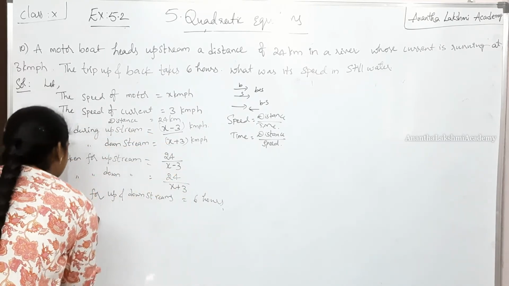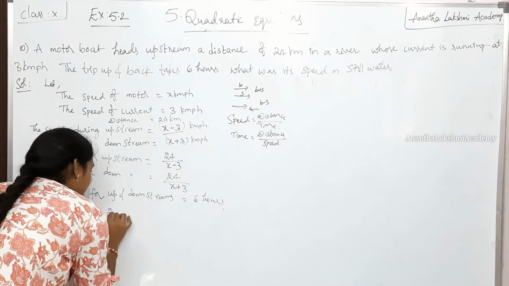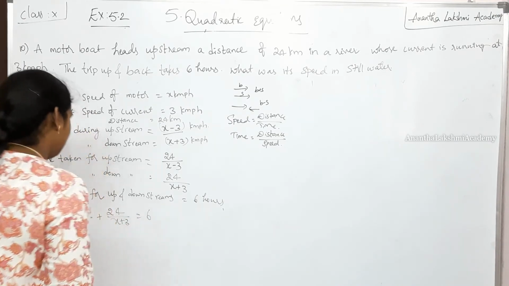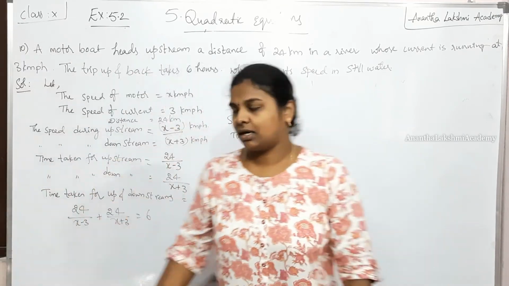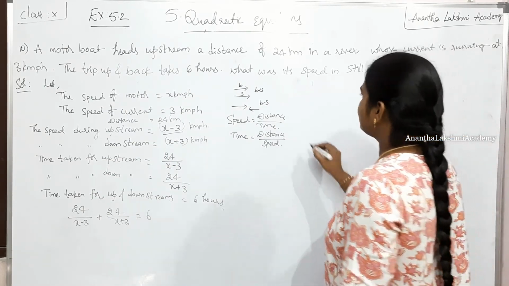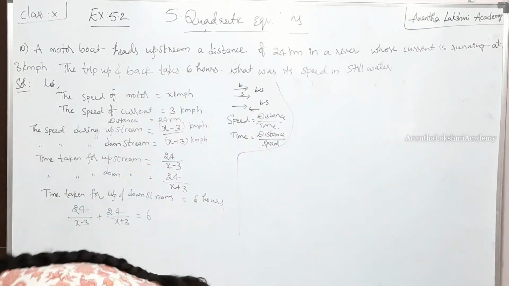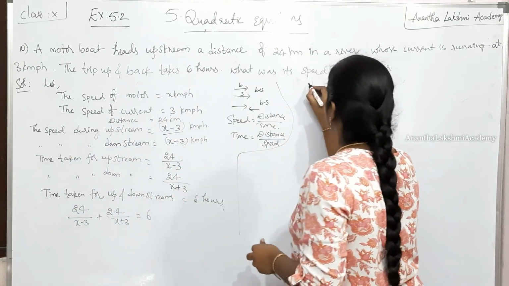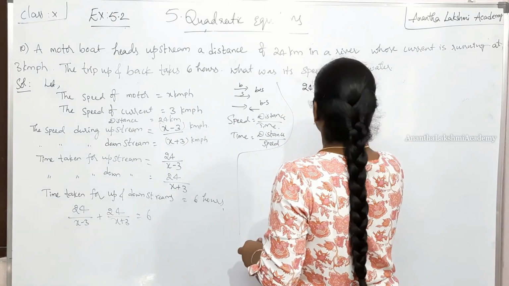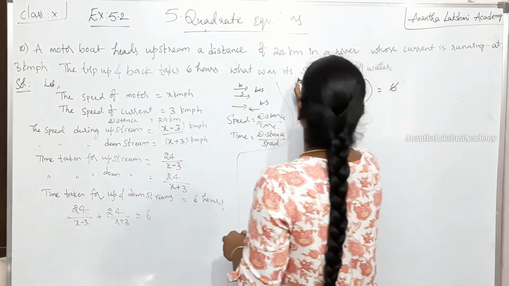This can be written as 24 by x minus 3 plus 24 by x plus 3 is equal to 6 hours. Now I am going to take this 24 common, so it becomes 24 into 1 by x minus 3 plus 1 by x plus 3 is equal to 6. 6 4s are 24.